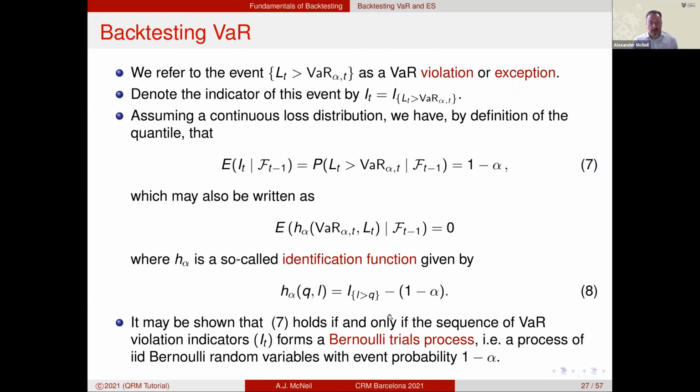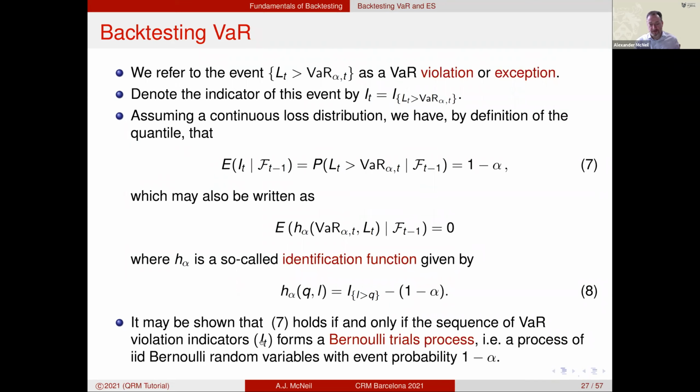Now, it can be shown that 7 holds if and only if the sequence of indicators follows an independent, identically distributed Bernoulli process. That's often called a Bernoulli-Trials process. So formula 7 is mathematically equivalent to saying that the sequence of indicators is an IID Bernoulli process where the probability that the indicator is 1 is 1 minus alpha.